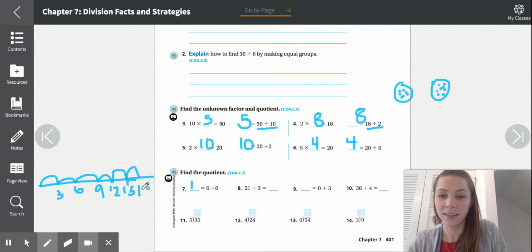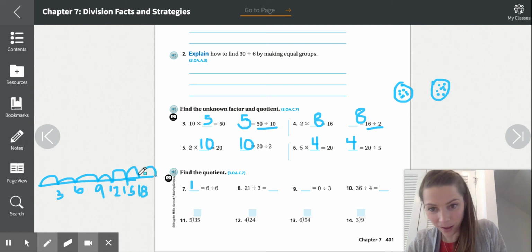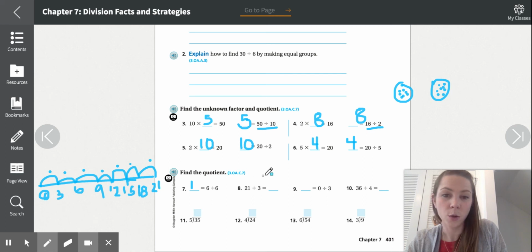I'm trying to get small here so I can fit it in before it slams into the problems. 21. So now how many jumps did I have to do? Put my 0 on here. Just 1, 2, 3, 4, 5, 6, 7. 21 divided by 3 in each is 7 jumps.